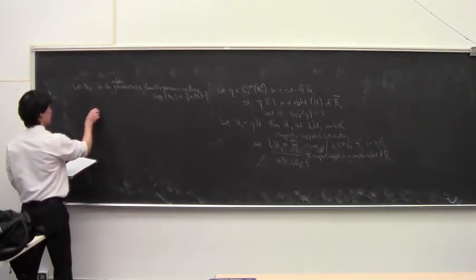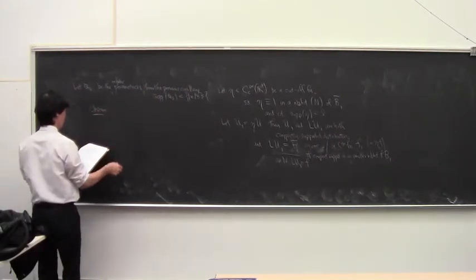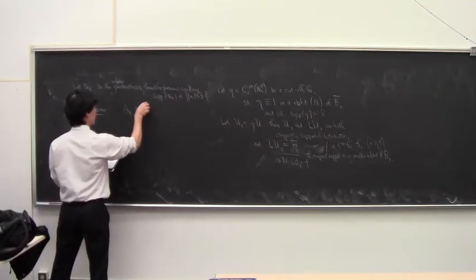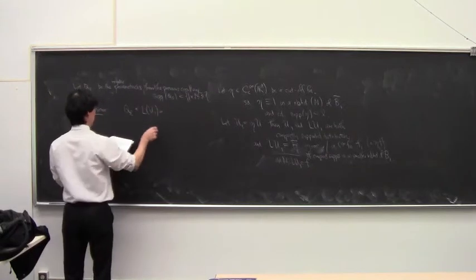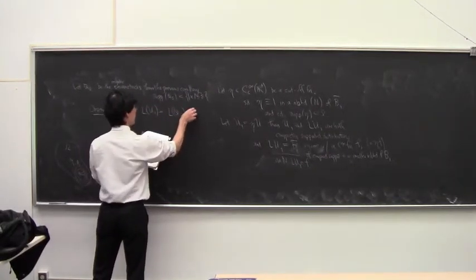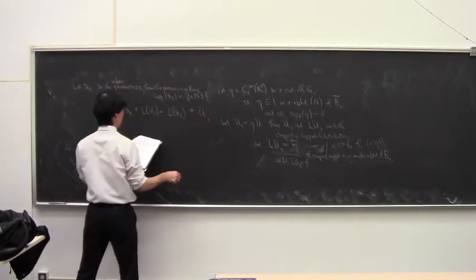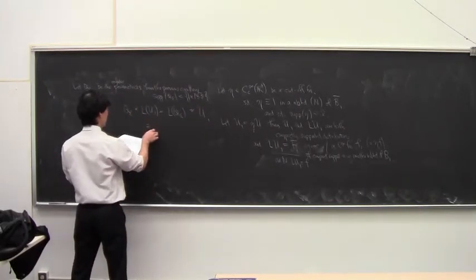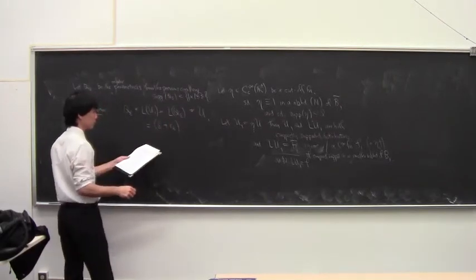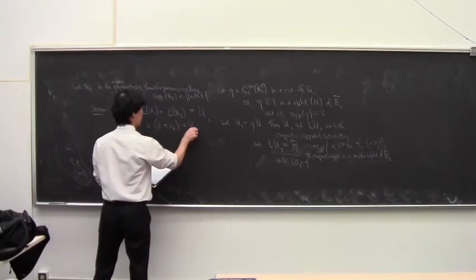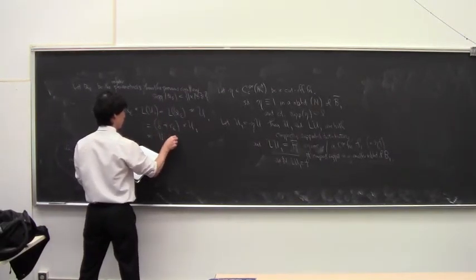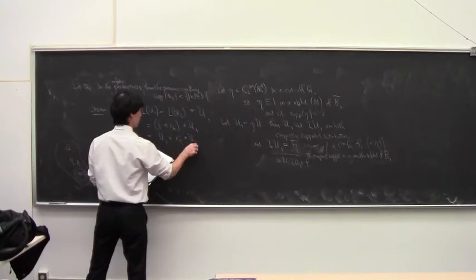Now, observe, if we look at Q epsilon convolved with our U1, we can pass the differentiation over to the other side. That gives us U1 plus the error function R epsilon convolved with U1.